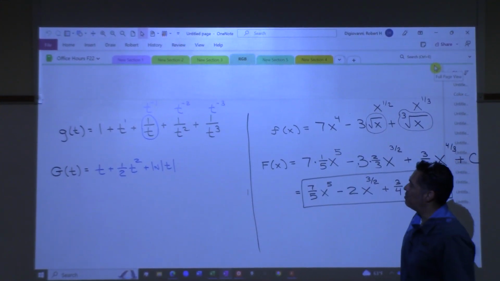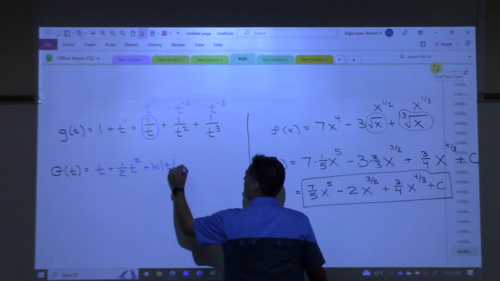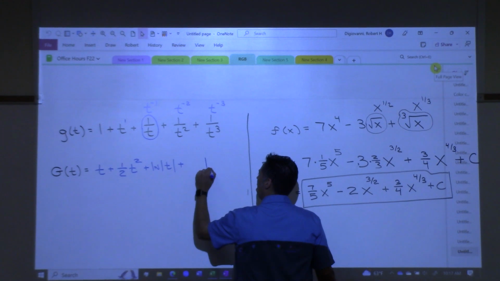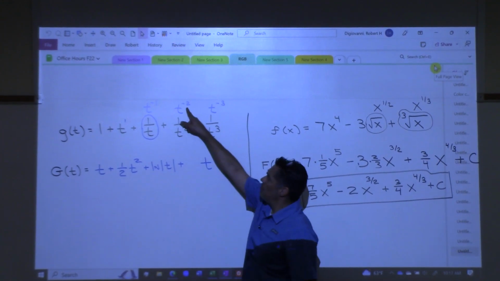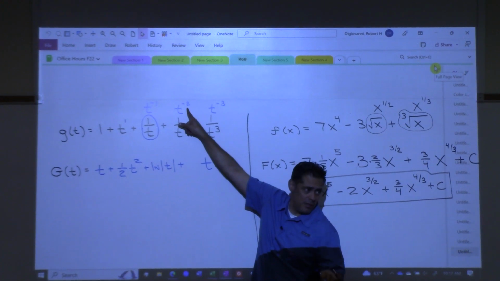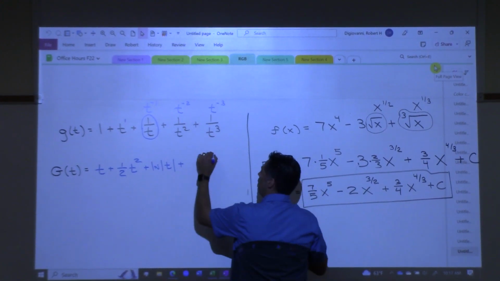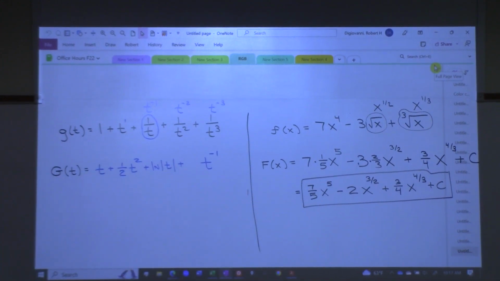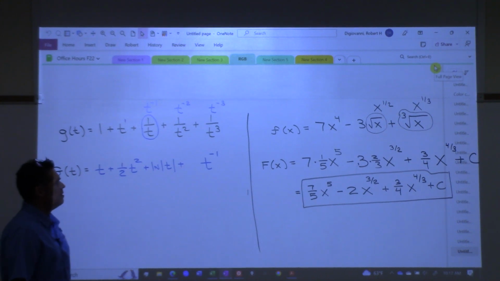So let's see if we can get this one here. Plus, all right, I'm leaving a space in front. T to what power? I take the -2 and I add 1, right? What's -2 plus 1? -1, so I have -1 here. And what do I need in front? Not half.